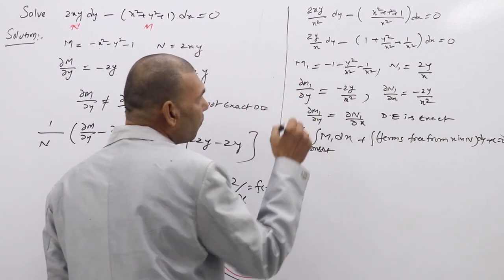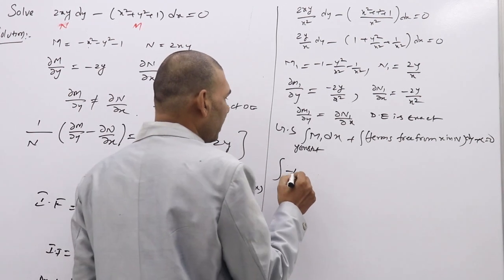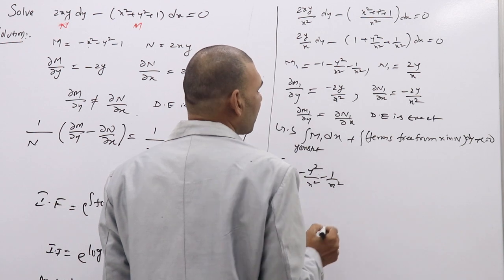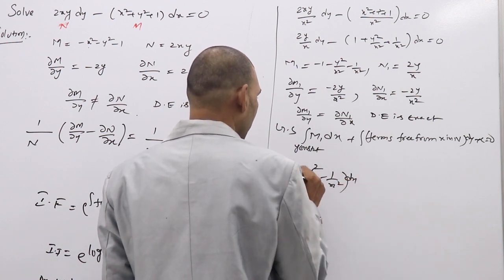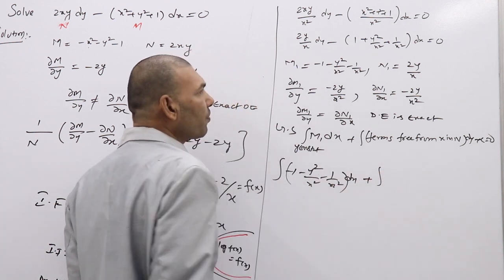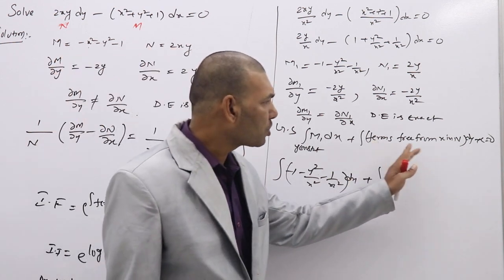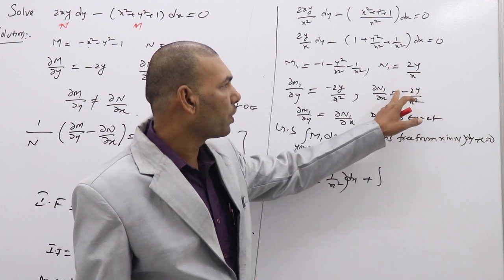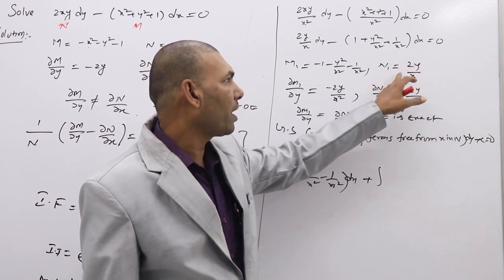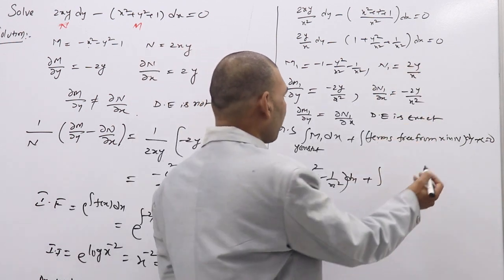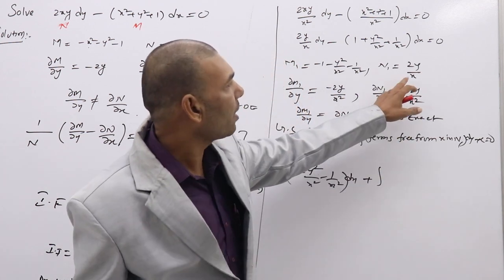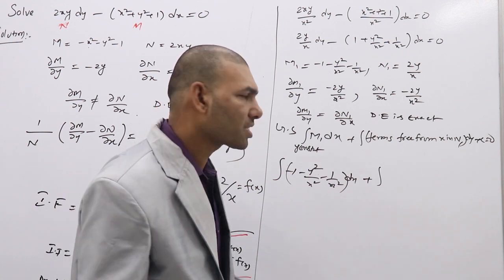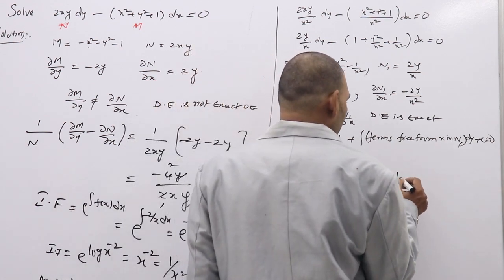So that is the complete M1 term, minus 1 minus y square by x square minus 1 by x square dx, plus integral of terms free from x in N1. That means terms that do not contain x in N1. We have only one term in N1, and in that term you have x, so terms not containing x in N1 we don't have, that is 0.